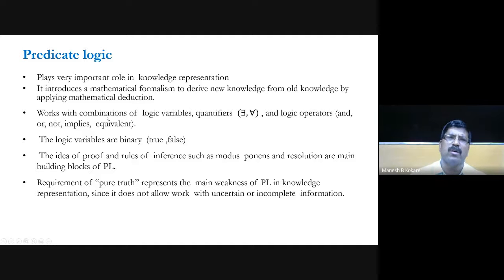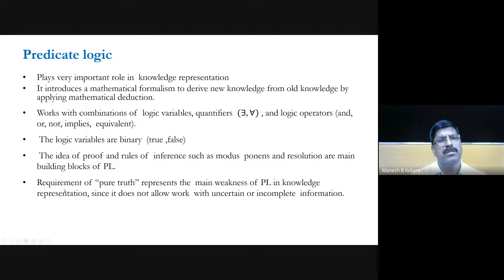This works with a combination of logic variables, quantifiers and logic operators like and, or, not, implies, or equivalent. The logic variables are generally binary, either true or false. The idea of proof and the rules of inference such as modus ponens and resolution are the main building blocks of predicate logic.